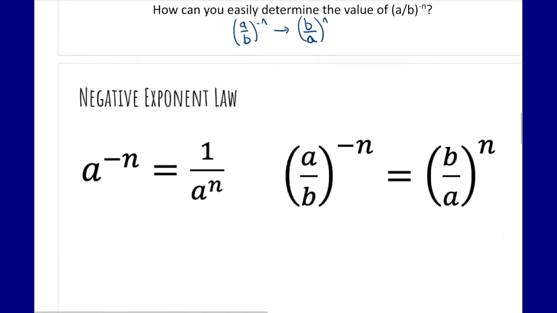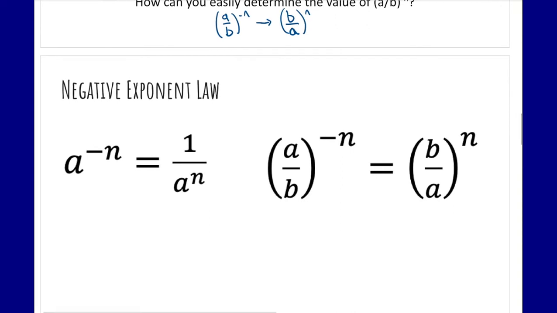So that is the negative exponent law. So if we have a negative exponent, if our base is a whole number, we just put it under 1, and the reason being is because any whole number as a fraction is always going to be over 1. So we end up flipping these, and the exponent becomes positive.